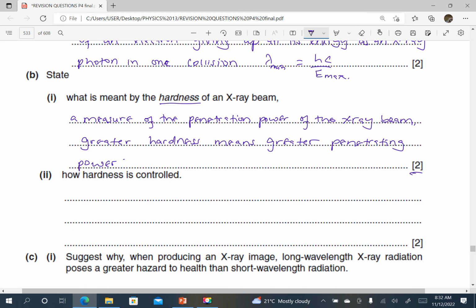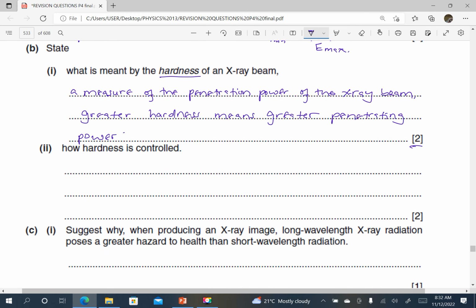Okay. State how hardness is controlled. Of course, we mentioned that hardness is controlled by the accelerating PD. The higher the accelerating PD, the greater the hardness.